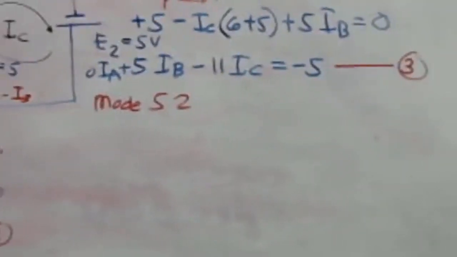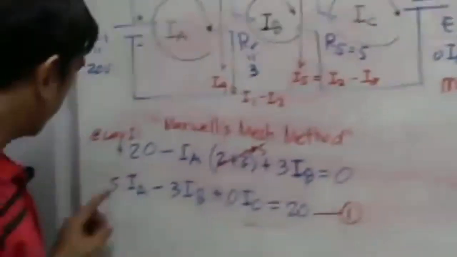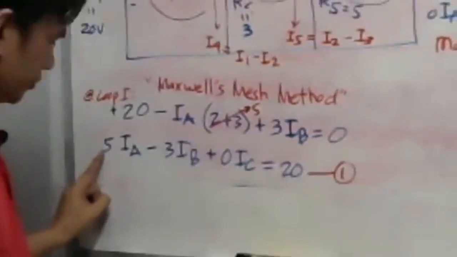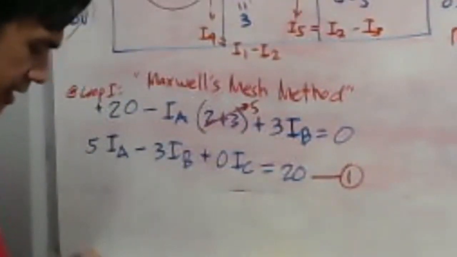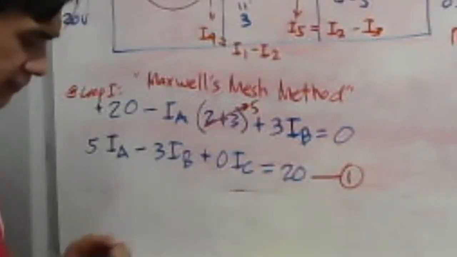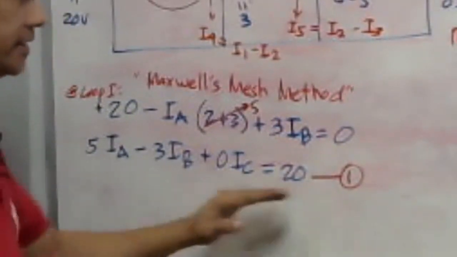Let us first enter our equation number 1. Press mode 5-2. Then take a look here: 5 equals, negative 3 equals, 0 equals, 20 equals.